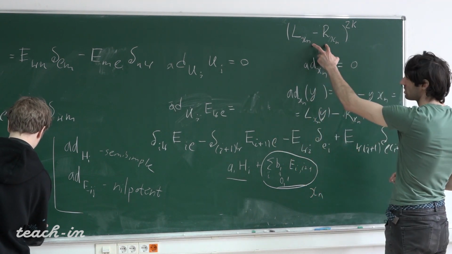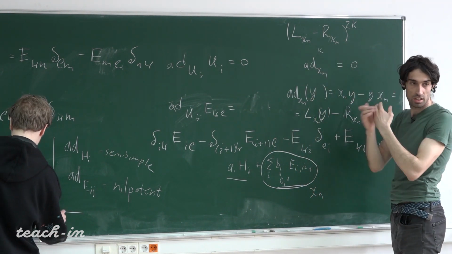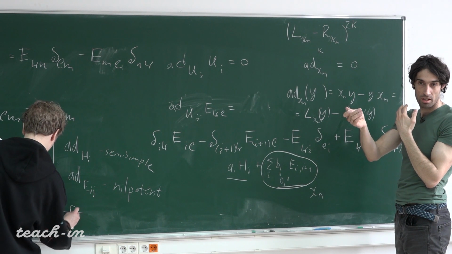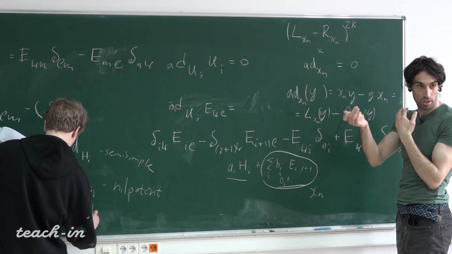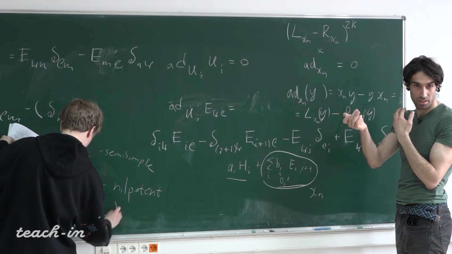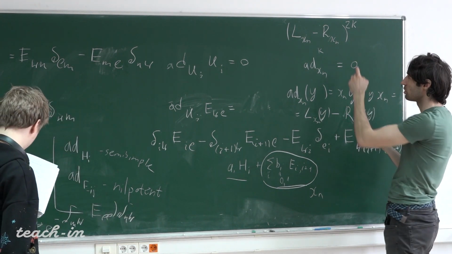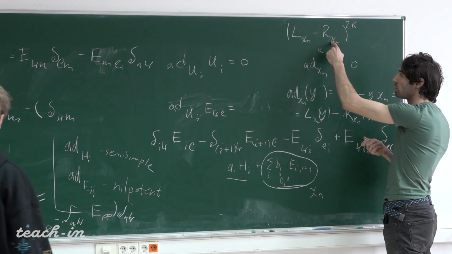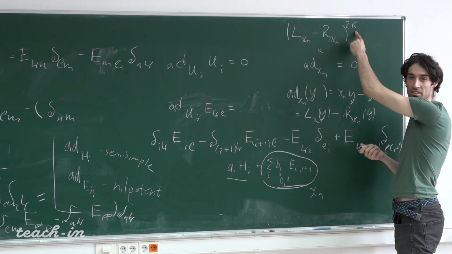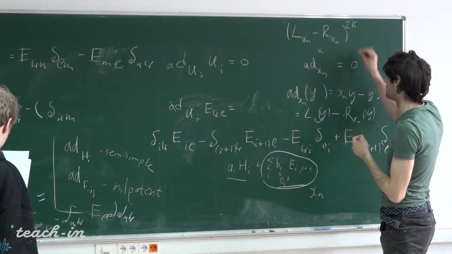Since they commute, you can just write it down by the Newton binomial, right? And you will see that in each term your power, either for L or for R, will be greater than k. And this will be 0.